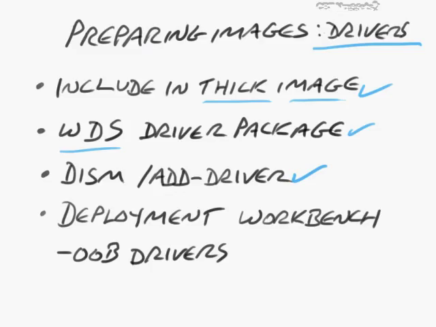Another tool that you can use for working with your images to do a lot of different things, including adding drivers or applications, for example, would be to use the Deployment Workbench, or the MDT, the Microsoft Deployment Toolkit. Okay, what you can do with this is to go to the out-of-the-box drivers section to add just what they are, out-of-the-box drivers. Now, this is something you can download from Microsoft.